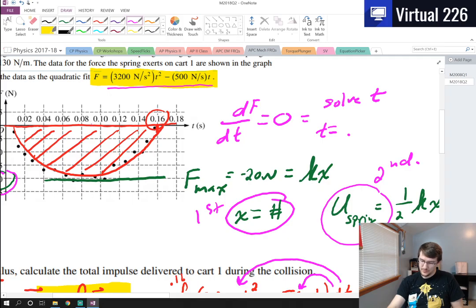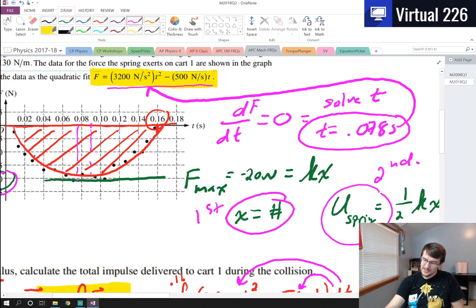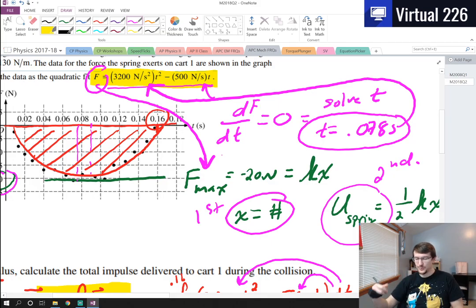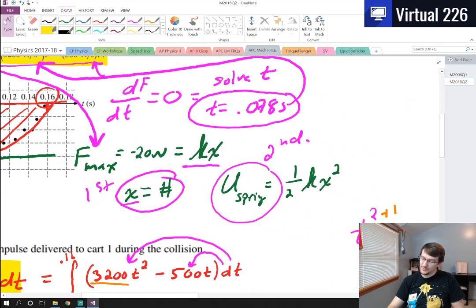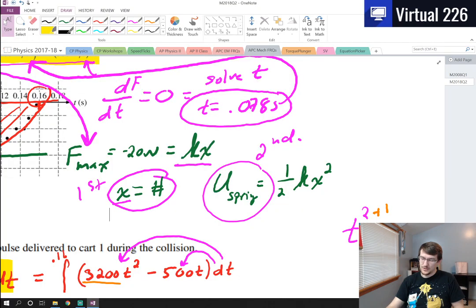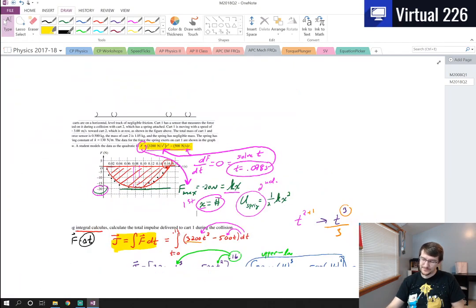It's right around in here-ish. It's 0.078 seconds. You use this time and put it back into this equation here to solve for the force, and that gives you F max. So there's a little bit of math to do if you do it that way, but if you feel comfortable with your derivatives again, and setting things equal to 0, and then kind of going F max equals kx, solving for x, bumping x into 1/2 kx squared, you can do it that way. Nothing wrong with it. That's the way I like to do it.